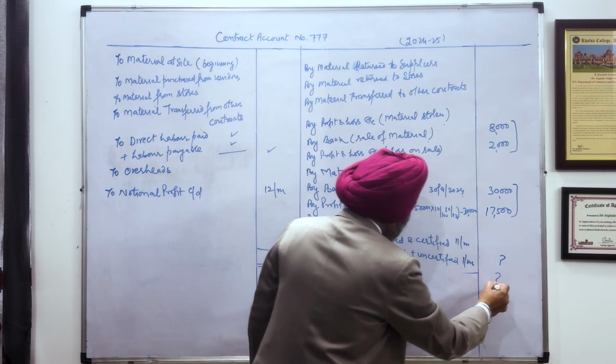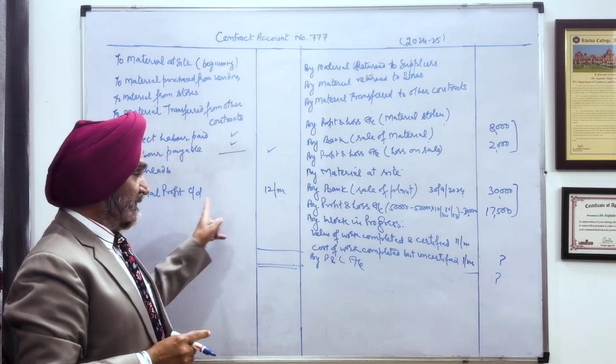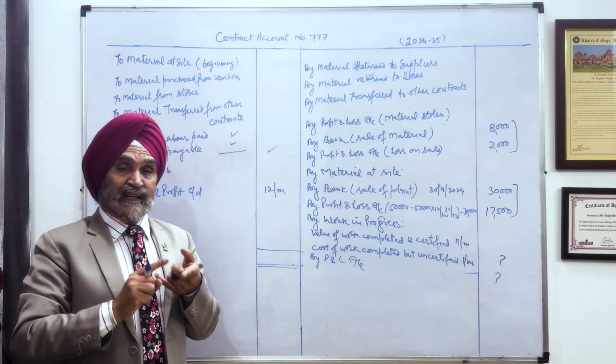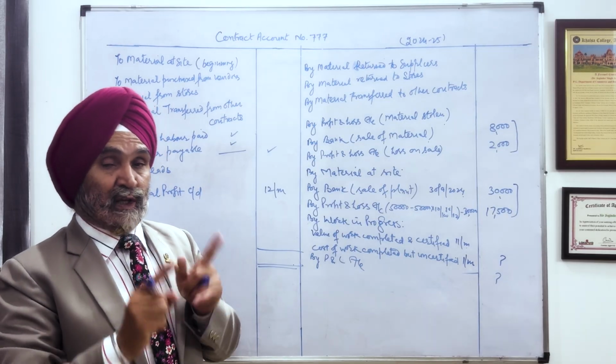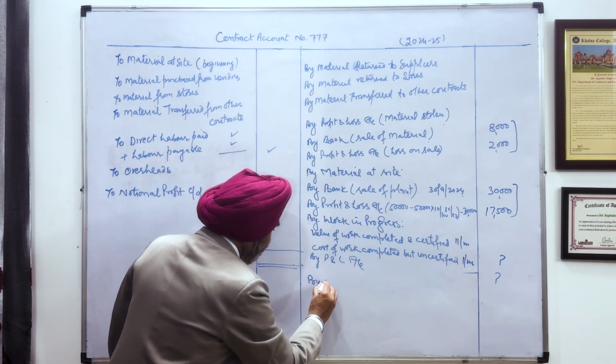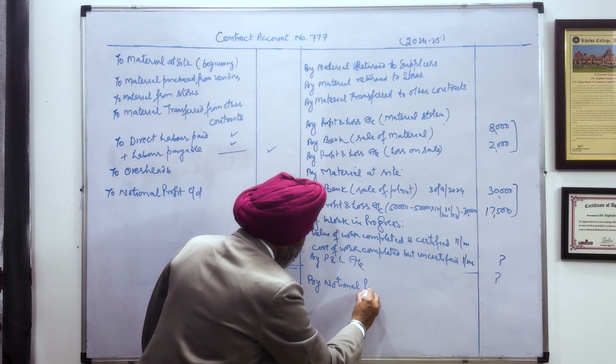If there is a loss, that is transferred to the profit and loss account. But if there is a profit, that is not transferred to profit and loss account initially. That is carried down as notional profit. Then notional profit is brought down in the lower part of the contract account.